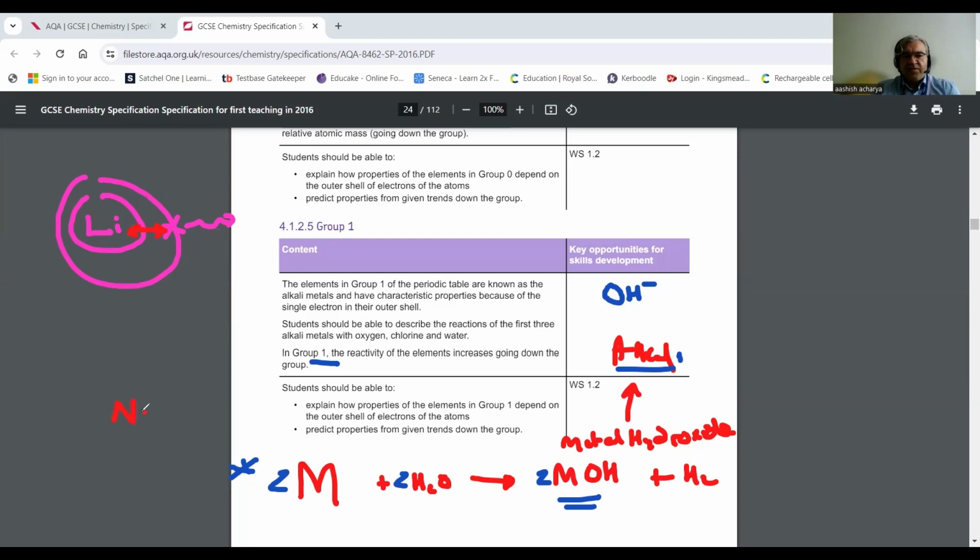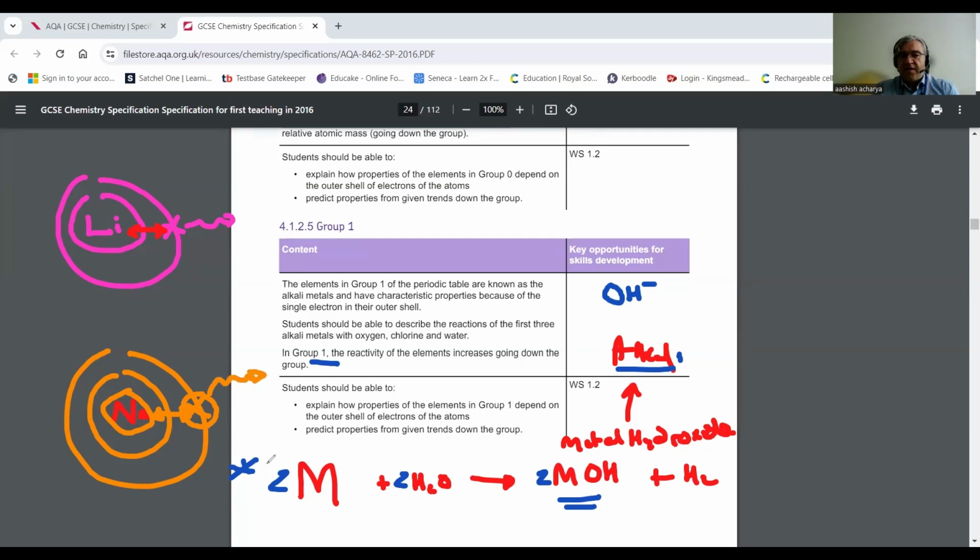If we compare this to sodium, though, we notice that sodium does have 2 shells before the last electron. And what this is doing is trying to keep the electron in place, but because this electron is further away, it is lost easily.